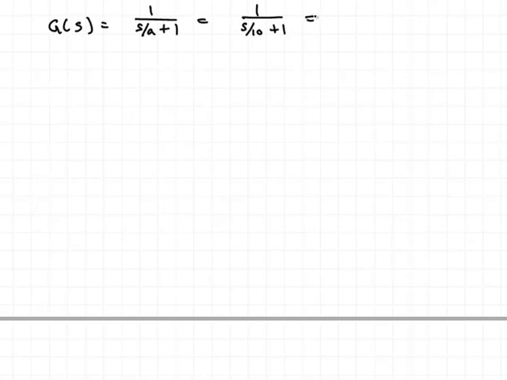The form you might find the transfer function in initially is something closer to 10 over s plus 10, right? But I always like having a term in s over 10 plus 1, and then it's normalized.